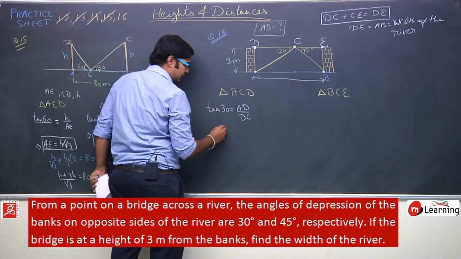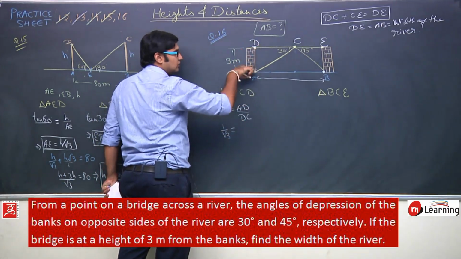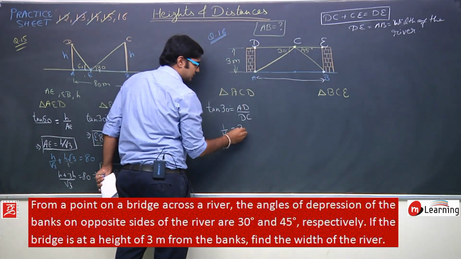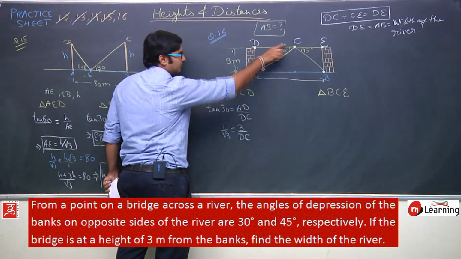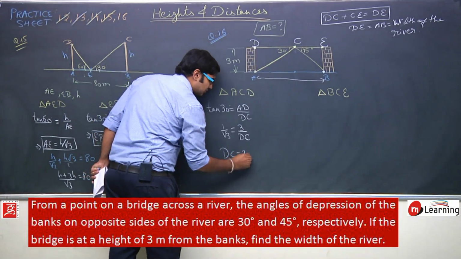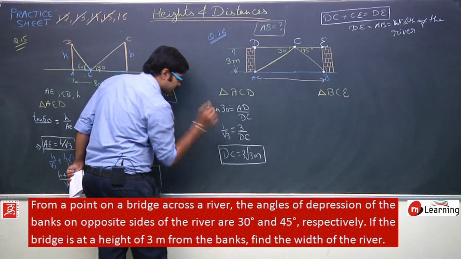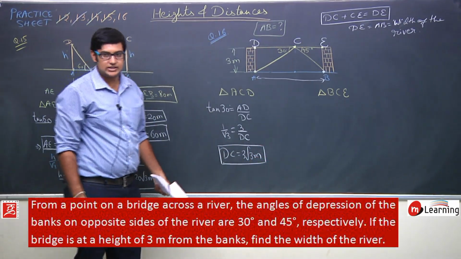So tan 30 degrees is 1 upon root 3, which is equal to AD, what is AD? We know the value of AD, it is 3 meters, upon DC. We do not know the value of DC. So it gives DC is equal to 3 root 3 meters. Okay, so we have the value of DC.